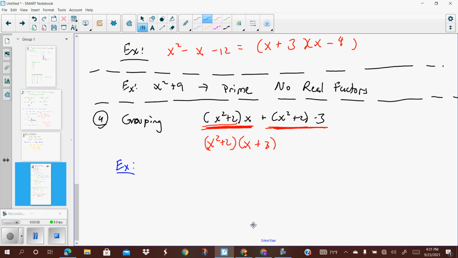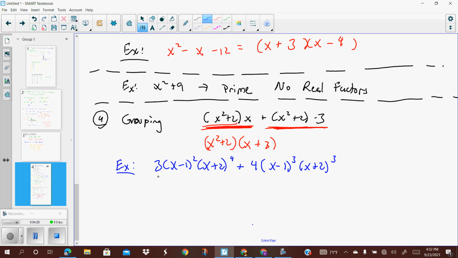So let's say that we have 3 times x minus 1 squared, x plus 2 to the 4th, plus 4 times x minus 1 cubed times x plus 2 to the 3rd power. So what you need to look for is what common factors do I have in both terms.